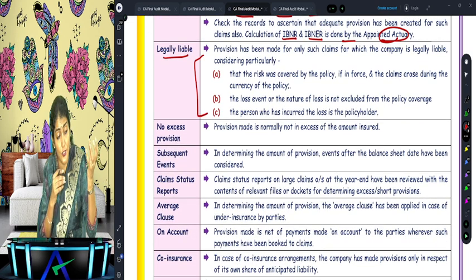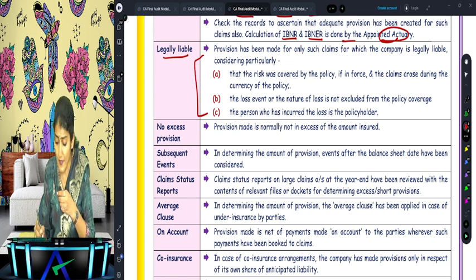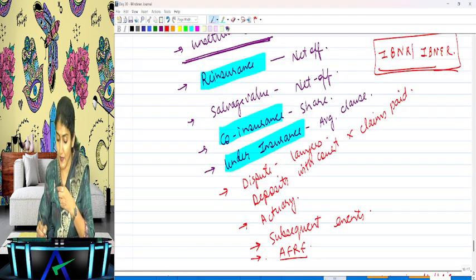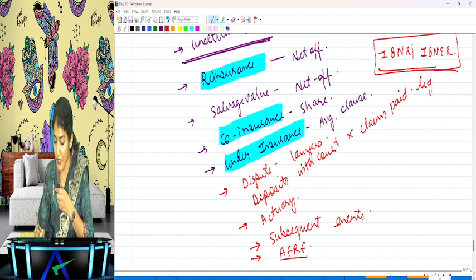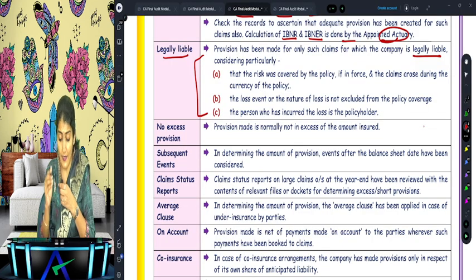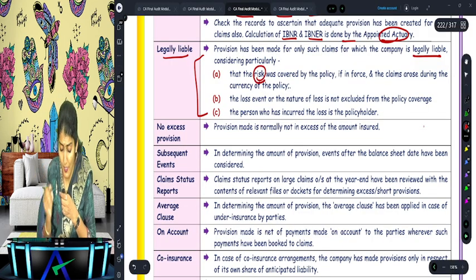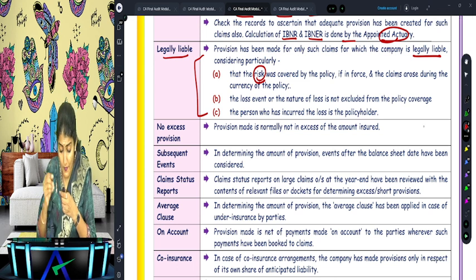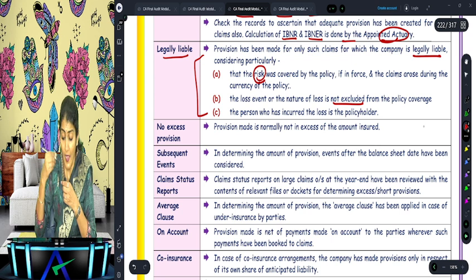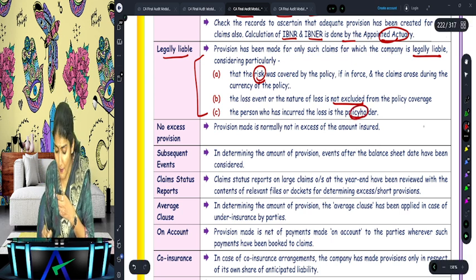Then obviously the insurance company needs to make a claim provision only for those claims for which it is legally liable. When will it be legally liable? When the risk was covered by the policy, the loss event or the nature of the loss is not excluded from the policy, and the person who has incurred the loss is the policy holder.